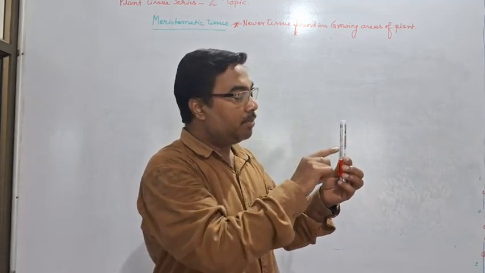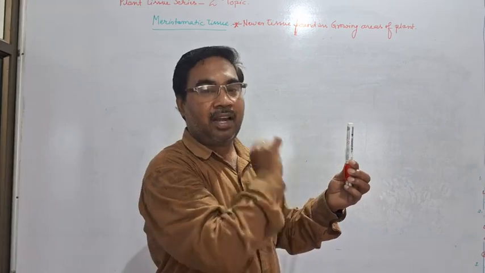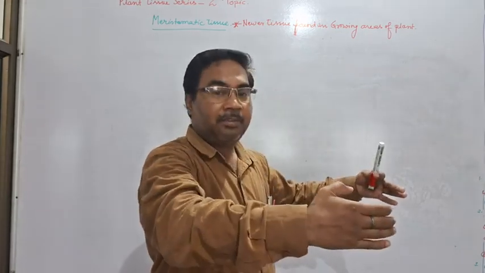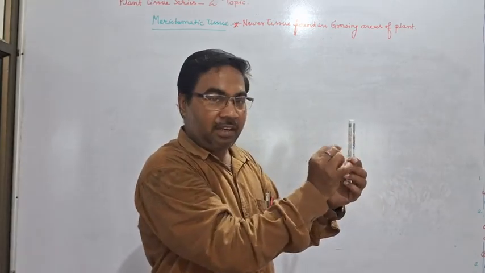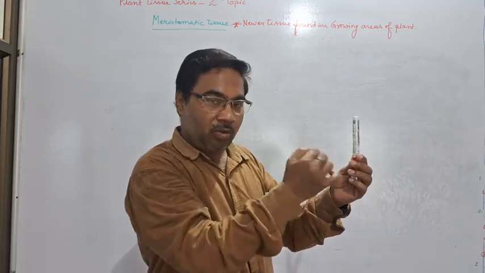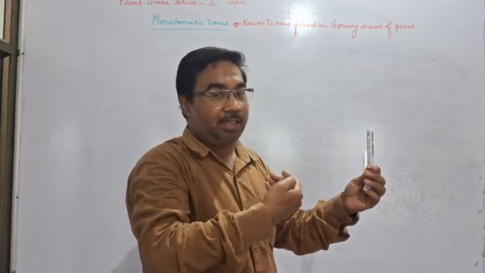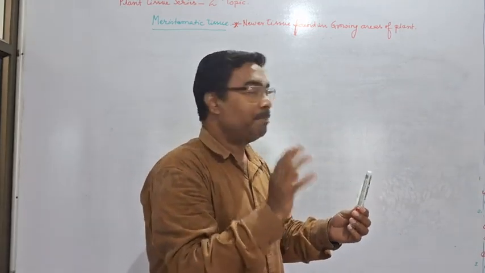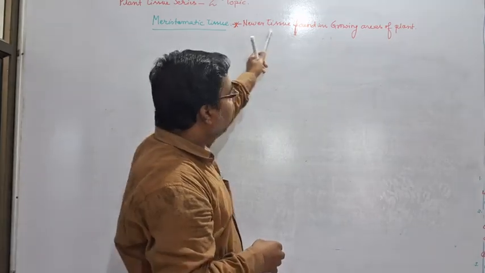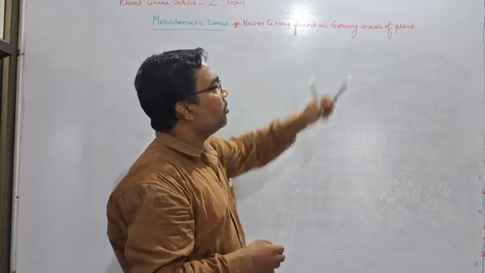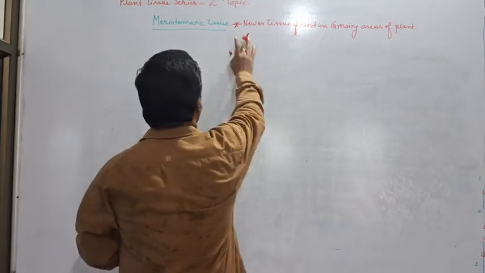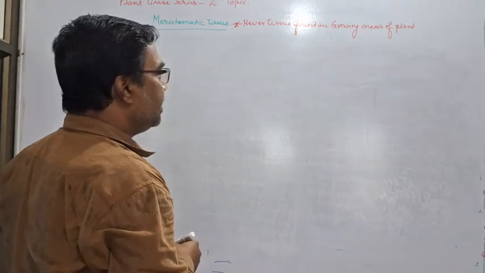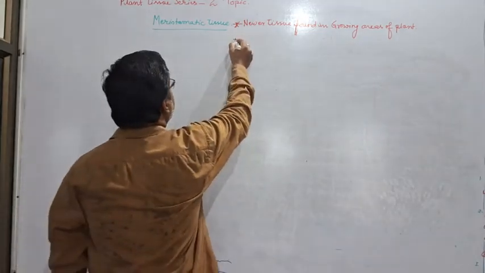Because the plant is not growing by that area. The plant is growing by the tip or by the circumference. Lateral displacement can be there in the nail, but vertical displacement will not be there. So newer tissues found in growing areas of the plant is the first characteristic of the meristematic tissue.